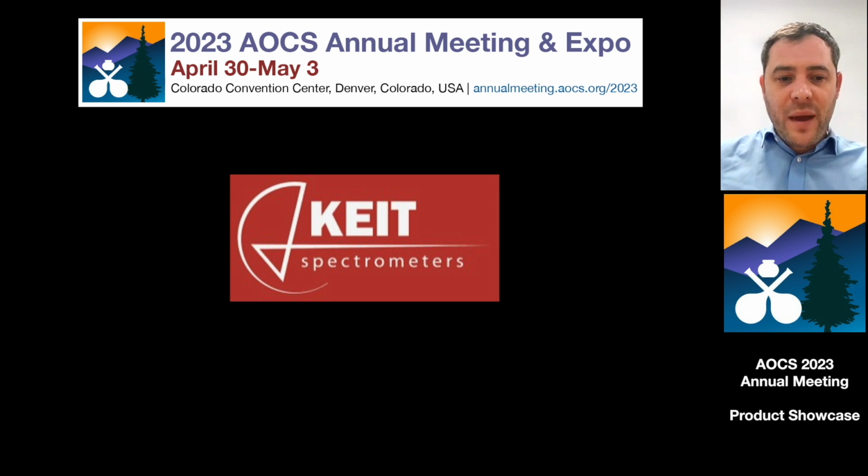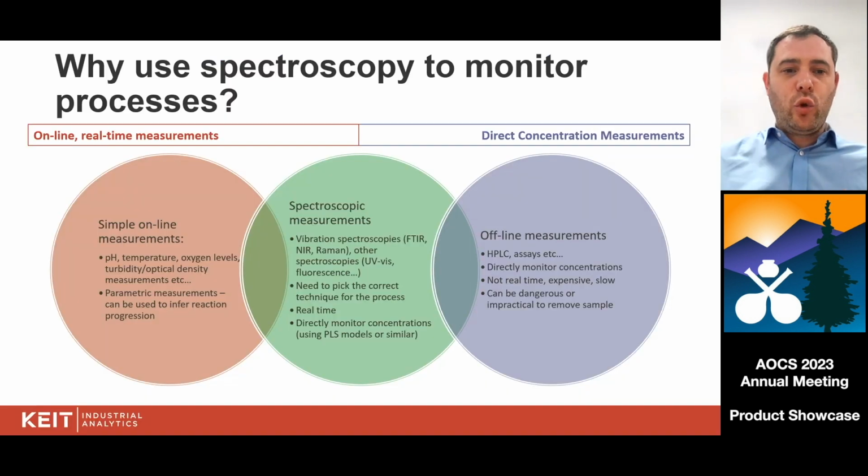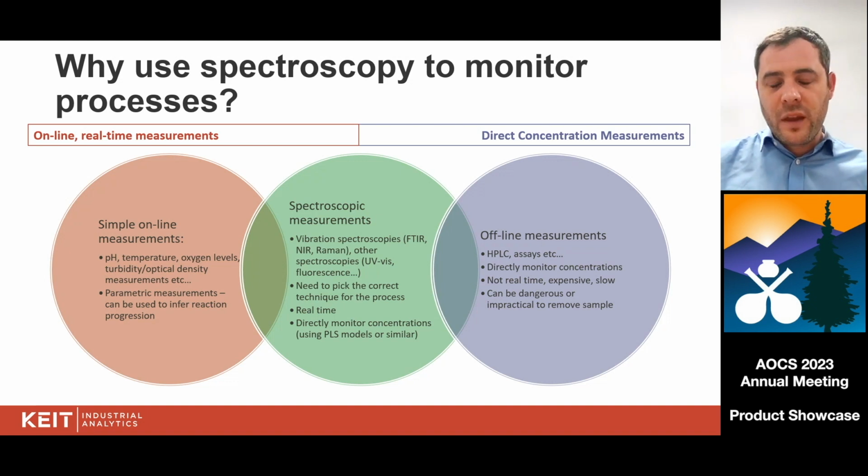But first, I want to step back slightly from that and talk about why would you use spectroscopy to monitor a process at all? This Venn diagram shows, on the left, simple online measurements. We use these all the time. We use pH probes, temperature probes, whether we're looking at oxygen levels, turbidity, optical density.